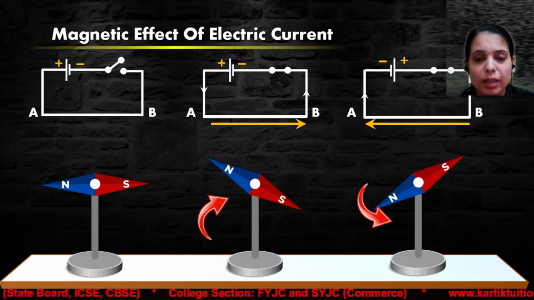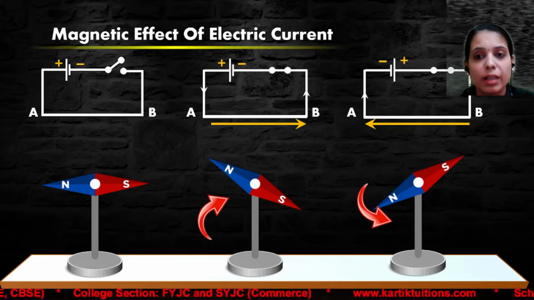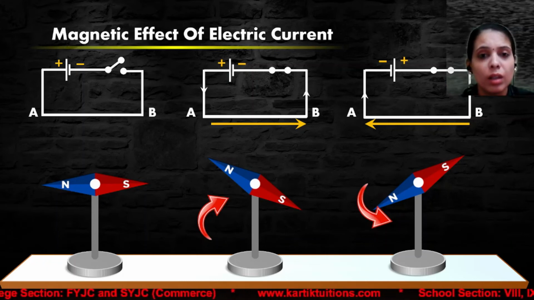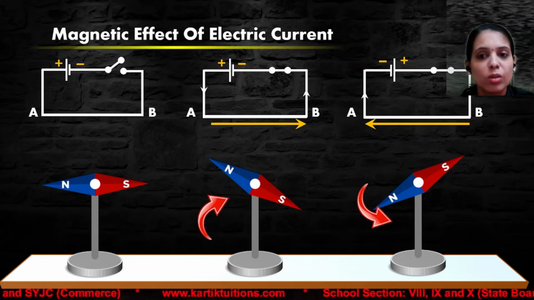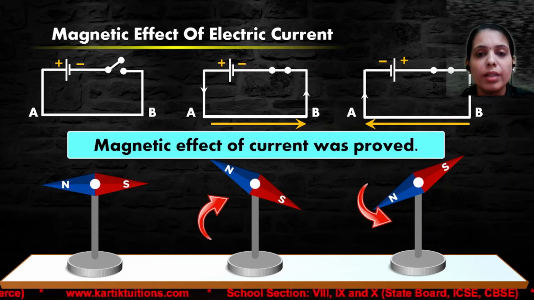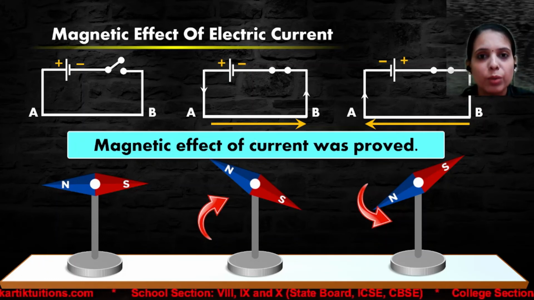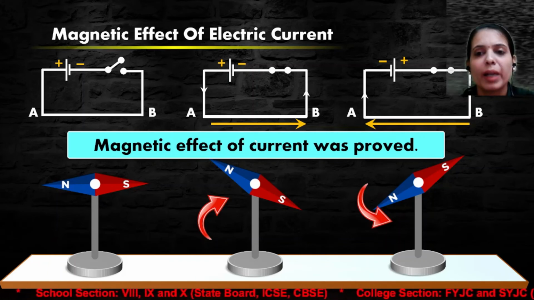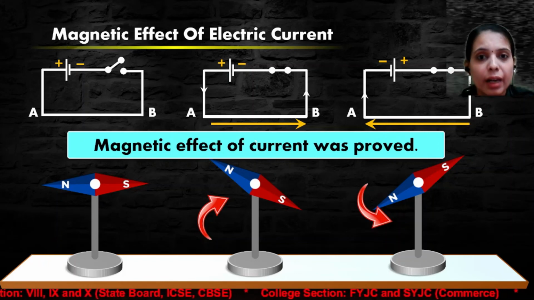But as soon as the current starts flowing through the conducting wire, the needle shows deflection. Also, with the change in polarity of the battery, the deflection in the needle also changes. Hence, we can prove that the magnetic effect is produced because of electric current. A small amount of magnetic field is created because of a current carrying conductor.